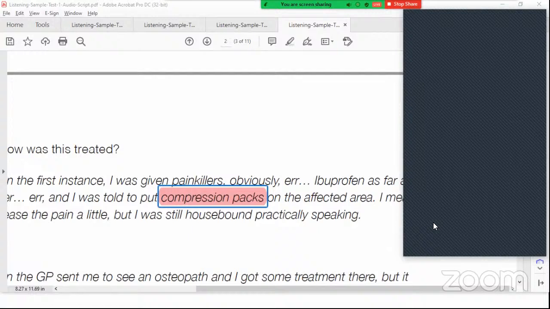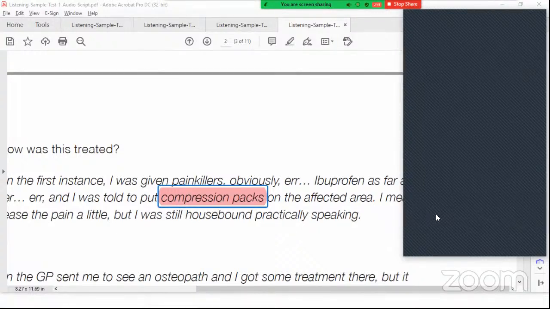You can write either singular or plural, but there is no singular, no plural. Many students wrote like this, compression pack. There is no singular here, there is no plural. By default, it is wrong.